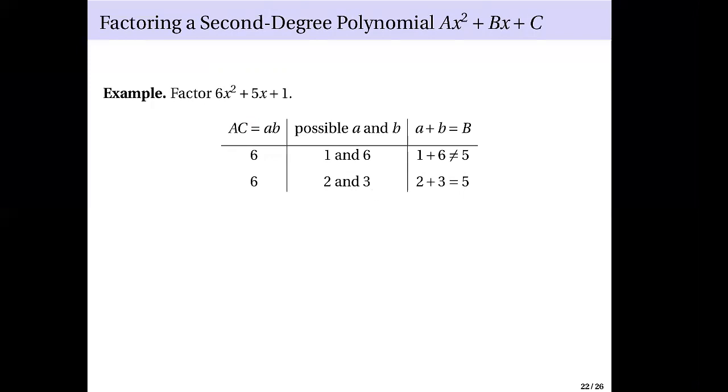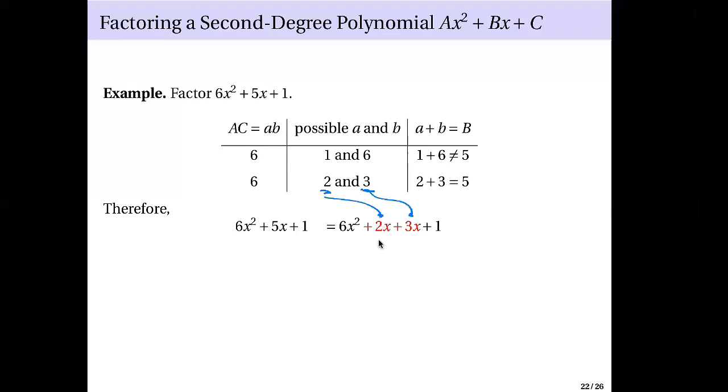Therefore, 6x squared plus 5x plus 1 can now be written as 6x squared plus 2x plus 3x plus 1. So again, this 2 here corresponds to the 2x, and this 3 here corresponds to the 3x here.